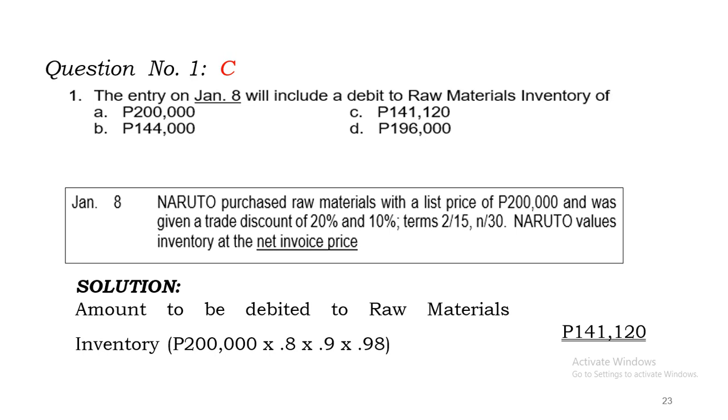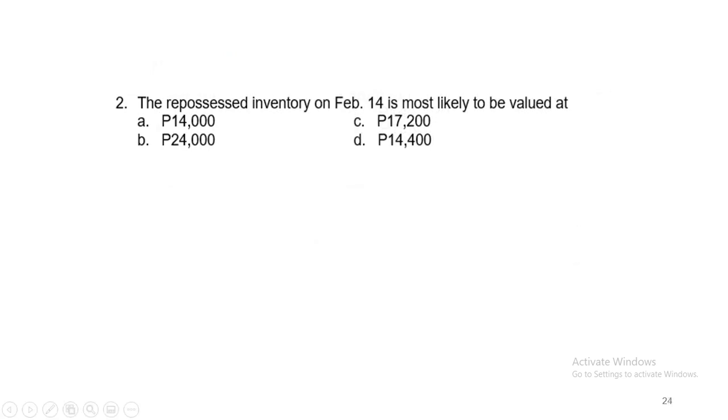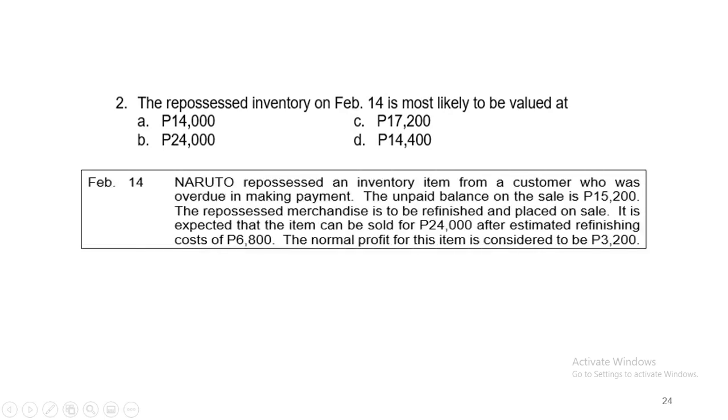Now for number 2, the repossessed inventory on February 14 is most likely to be valued at. So ano pala yung February 14? So February 14, Naruto repossessed an inventory item from a customer who was overdue in making payments. The unpaid balance on the sale is 15,200 and the repossessed merchandise is to be refinished and placed on sale.